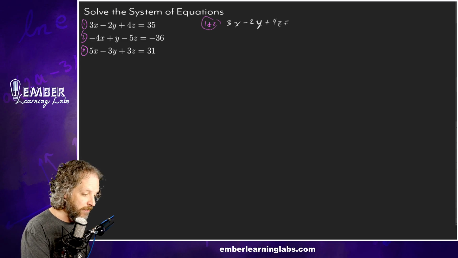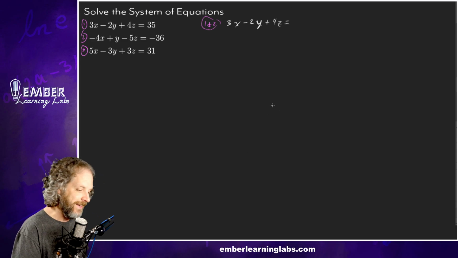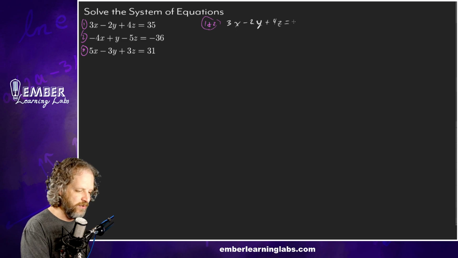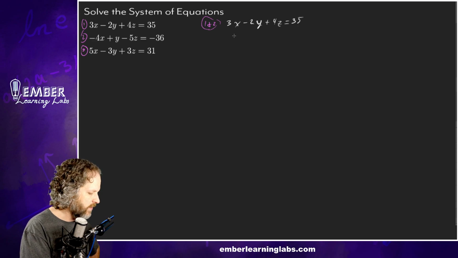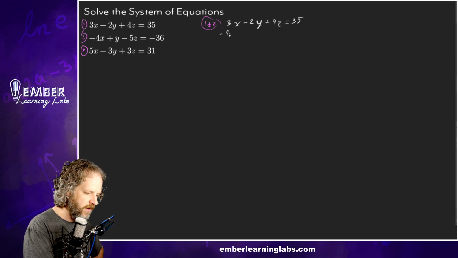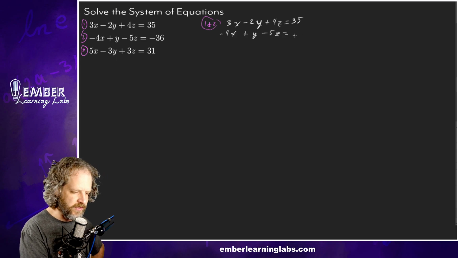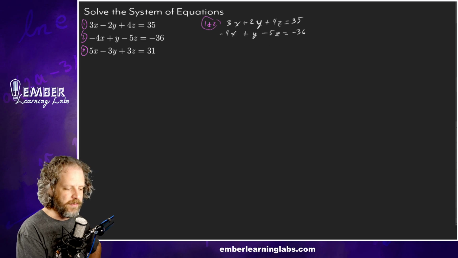But I may end up having to cheat and go to a new slide. So equals 35, and then we're going to get our second one over here, which is negative 4x plus y minus 5z equals negative 36.